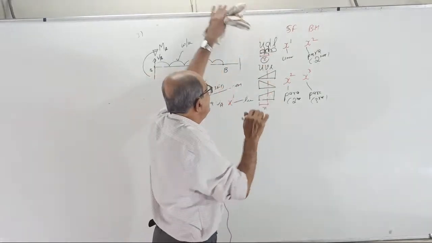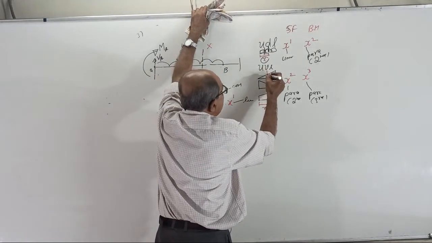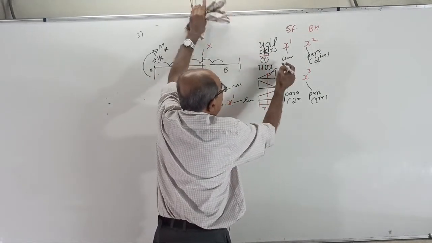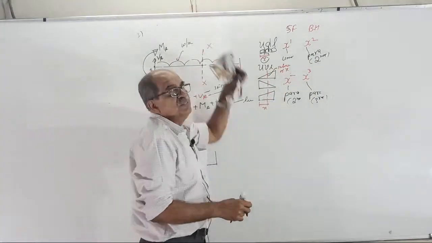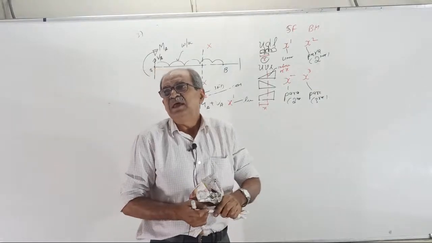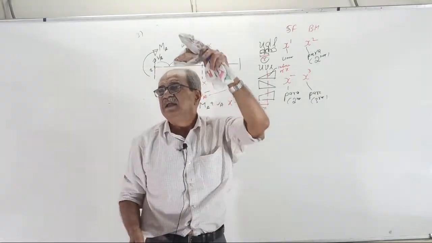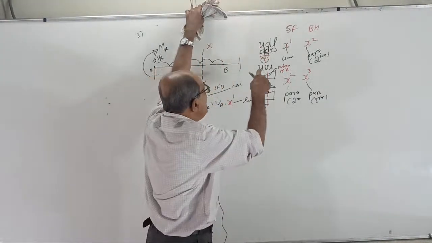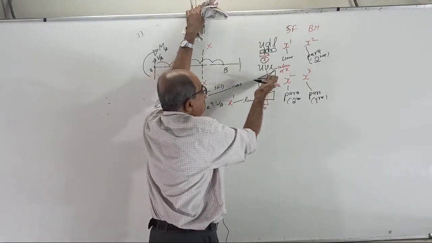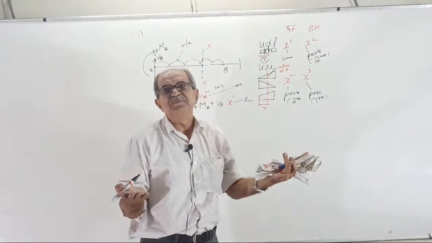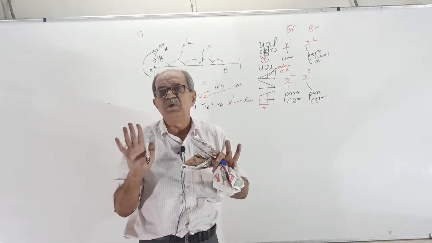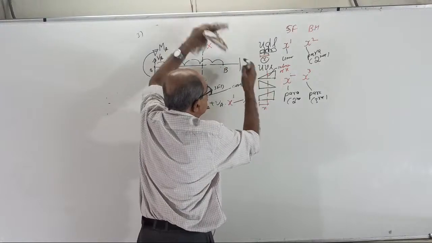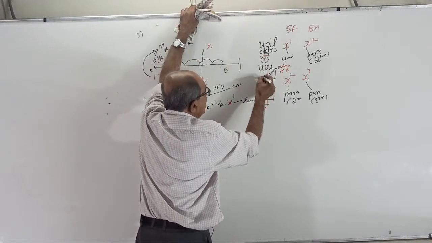Come to UVL. If you come to UVL, your intensity itself will be in terms of x. When you take a section XX in between, your intensity itself will be in terms of x. Intensity varies. In simple language, when linear variation is there, anywhere it is x power 1. Now, when you do shear force, area is required.